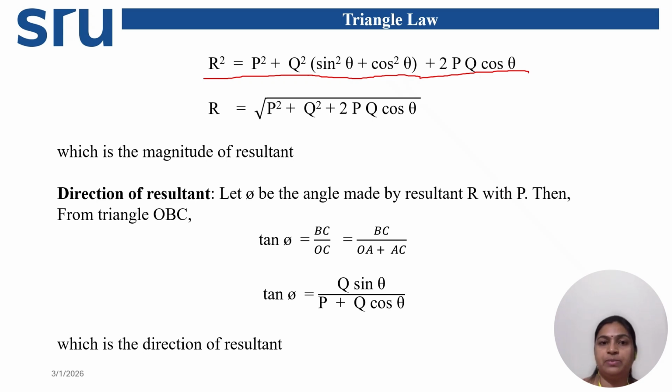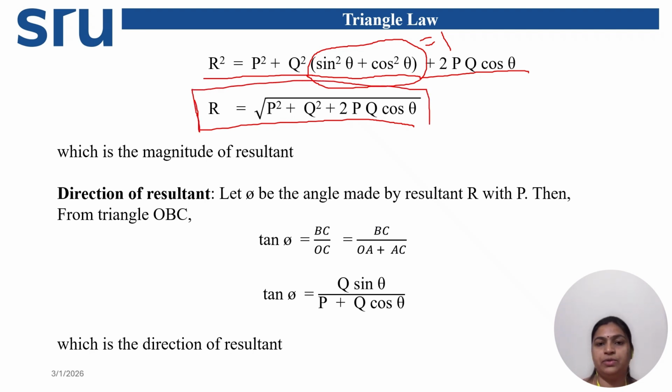We know that sin square theta plus cos square theta is equal to 1. So R is equal to the square root of P square plus Q square plus 2PQ cos theta. This is the resultant using the triangle law. Using the parallelogram law also, the resultant formula is the same. This is the magnitude of the resultant.